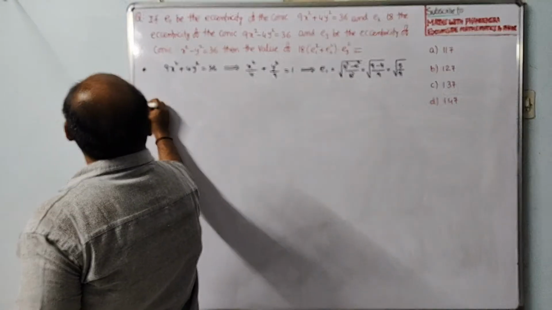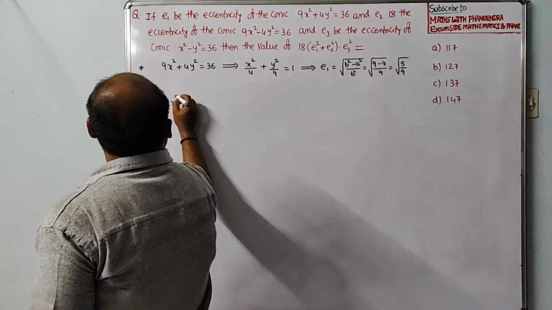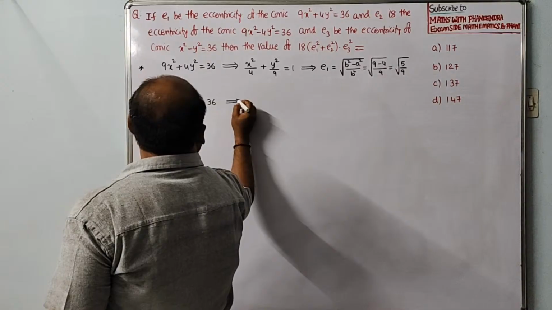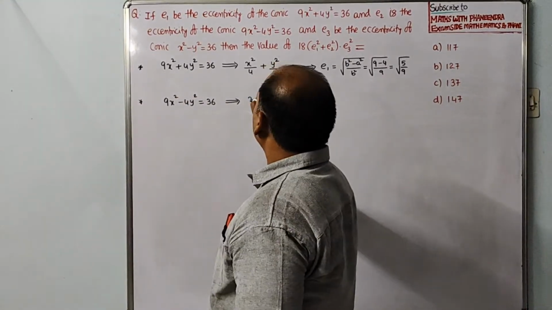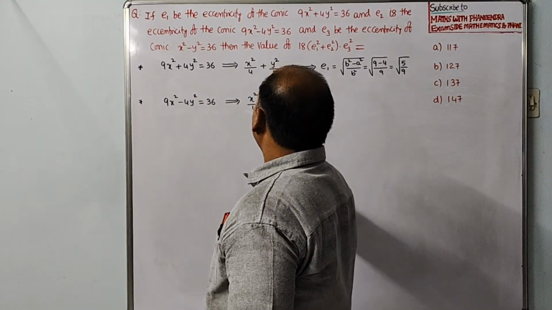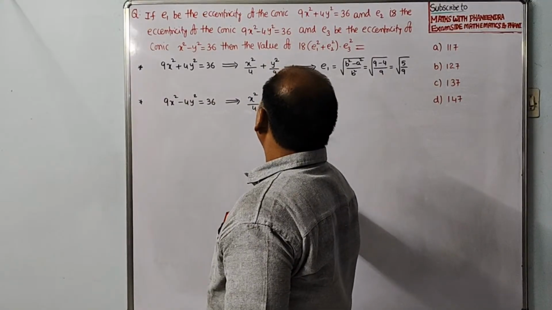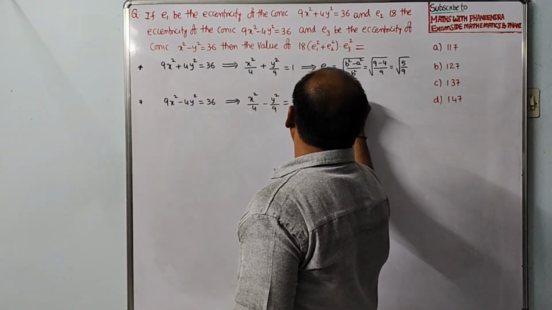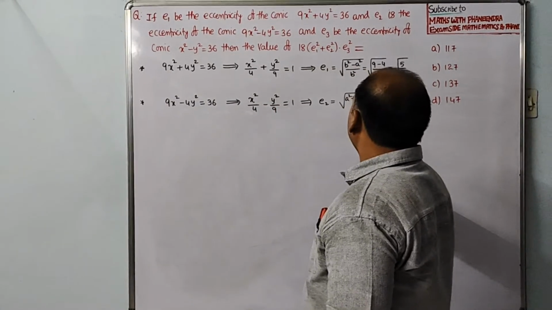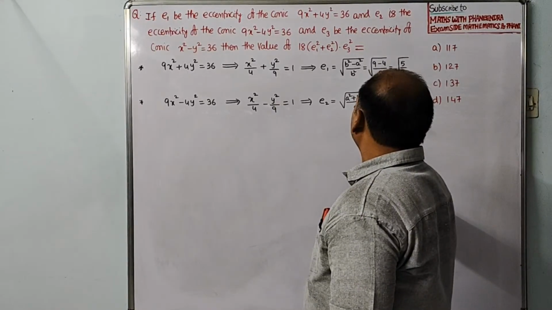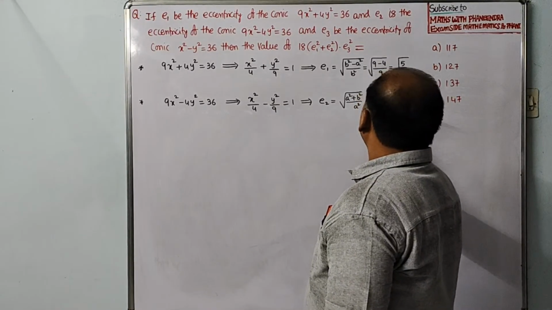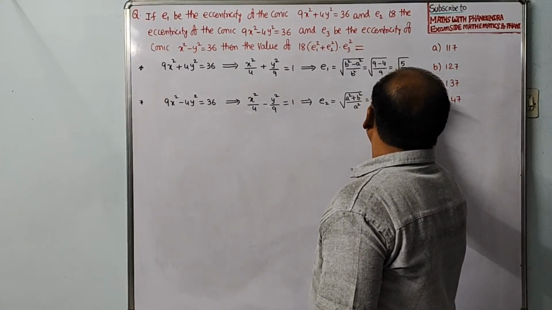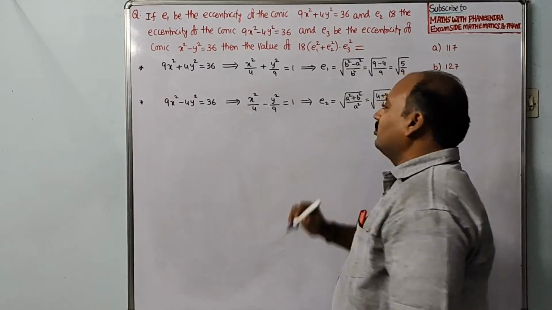So what is the second conic? 9x² minus 4y² is equal to 36. In the second conic, x² by 4 minus y² by 9 equal to 1. Eccentricity e2 equals root over (a² plus b²) by a². So root over (4 plus 9) divided by 4, so root 13 divided by 4.